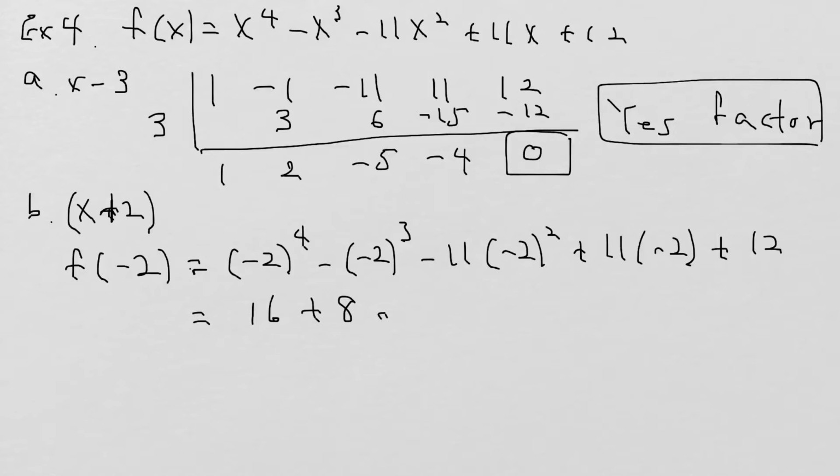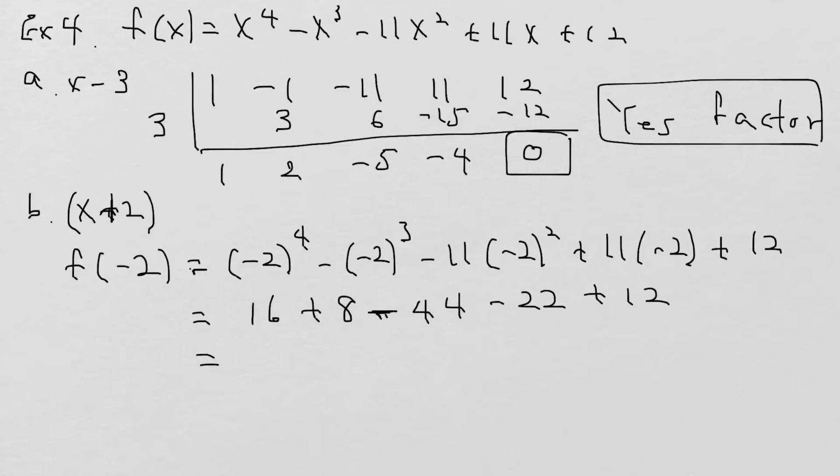And then negative 2 squared is 4. 4 times 11 is 44. Let's make sure that's subtracting. And then you have plus 11 times negative 2, so it will be negative 22. And then add 12.